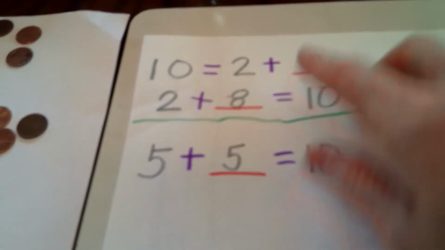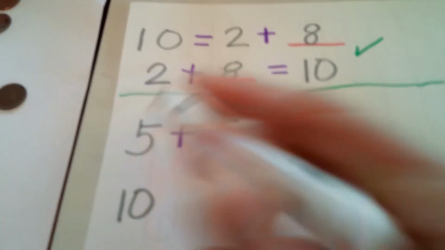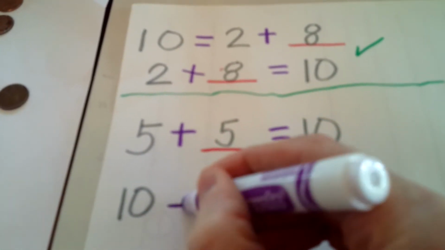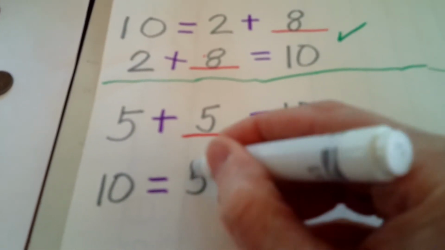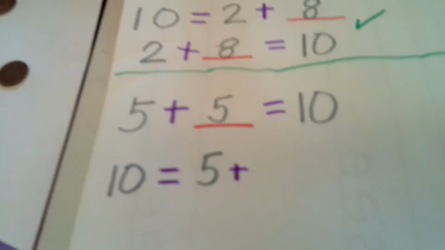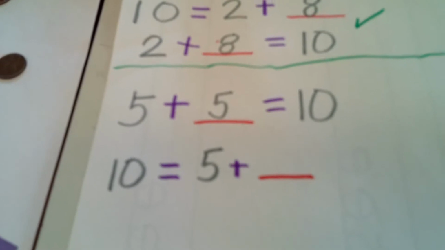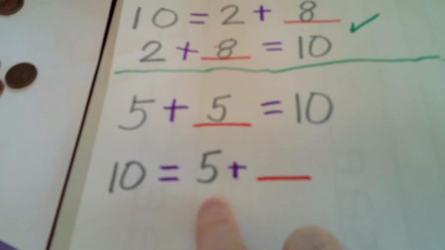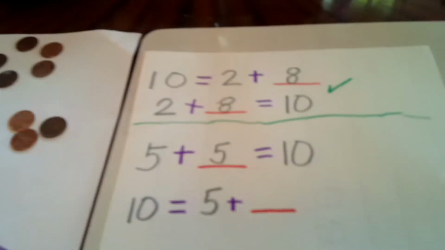Now I'm going to flip that, thinking again. If we had gone the other way, the way we started, I would have said 10 equals 5 plus, I don't know, and that's what I'm going to find out. 10 equals 5, addend, plus the missing addend.